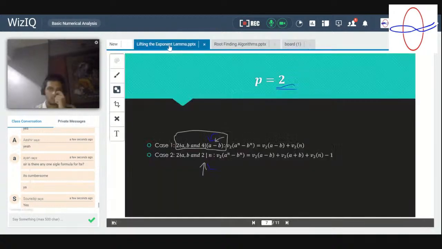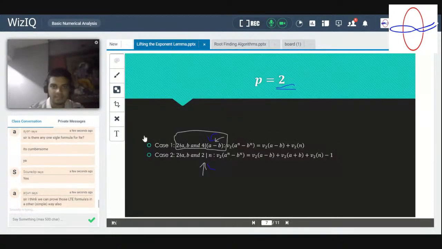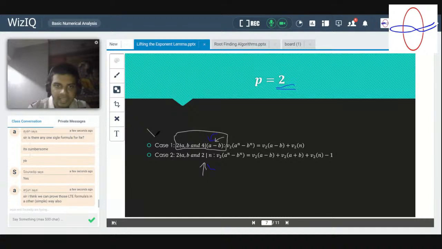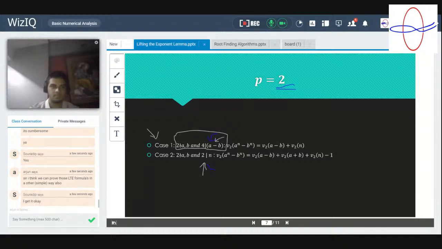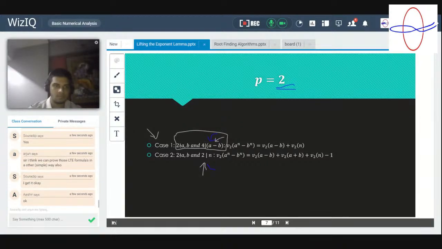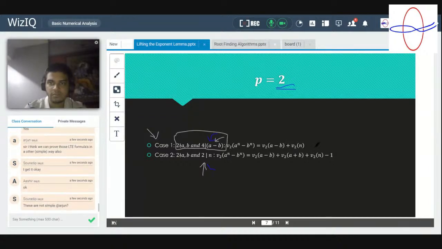So what we do is, here within case 1, instead of a and b, we'll use a square and b square. So what we'll get then is v2 of a square minus b square plus v2 of n by 2, which is v2 of n minus 1.